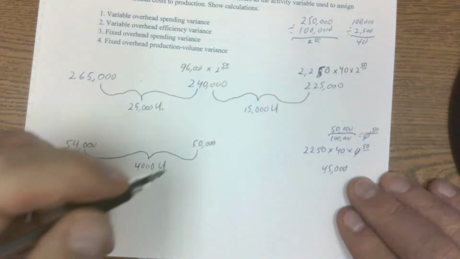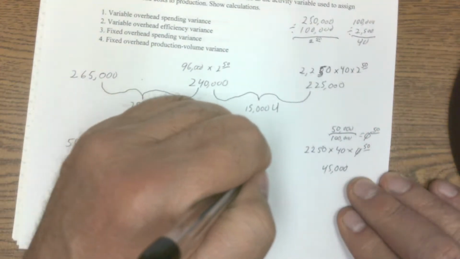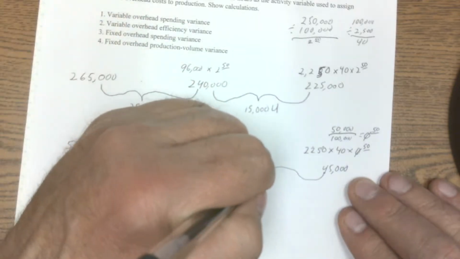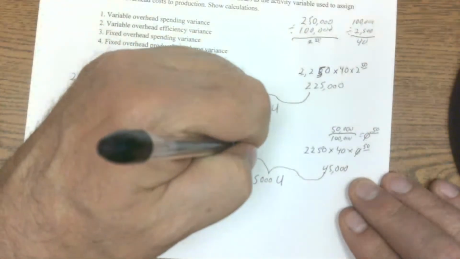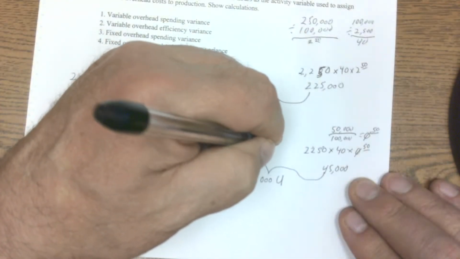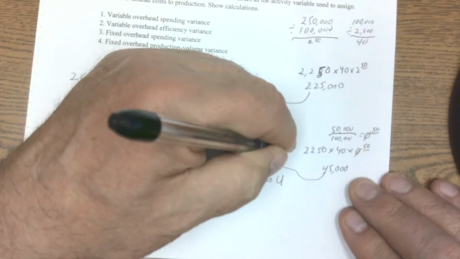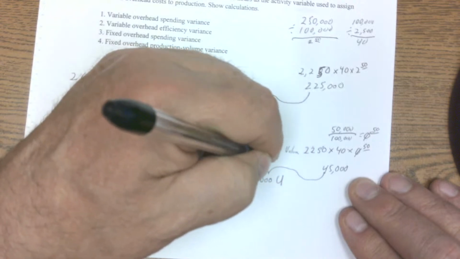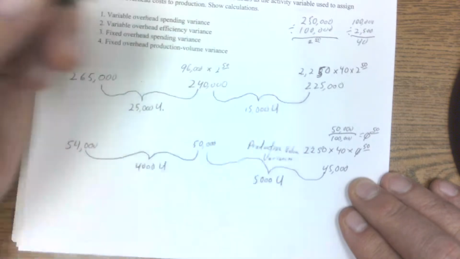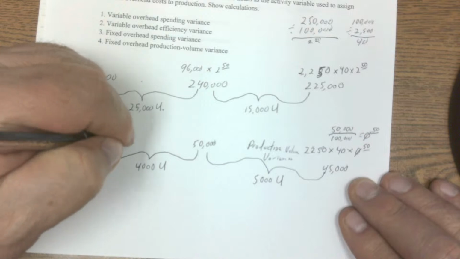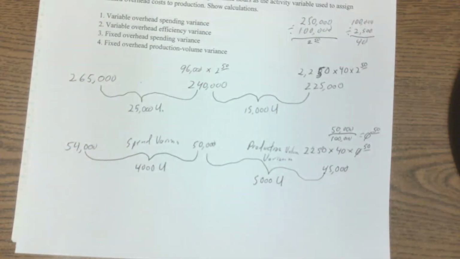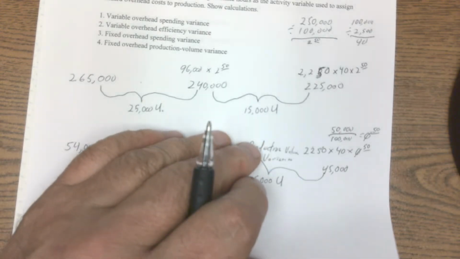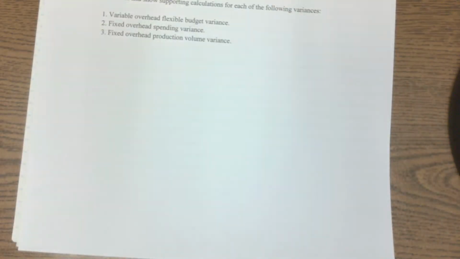And that's how much overhead we actually apply. Again, the same rule. This will be 5,000 unfavorable, and this is the production volume variance. This is the spending variance. Yeah. And so that's all there is to problem number 7.